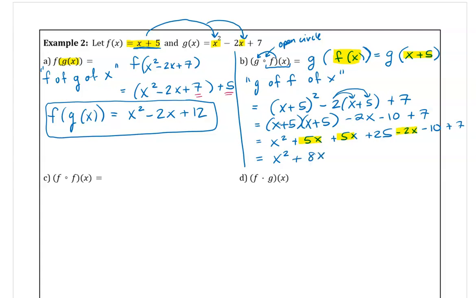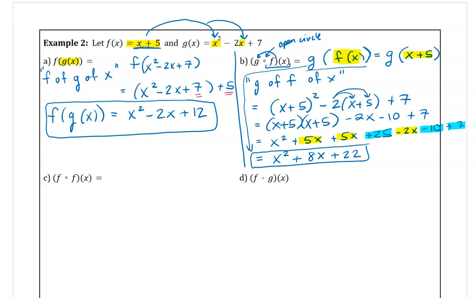And then I have 3 terms that are just whole numbers that I can add together. So 25 minus 10 is 15. 15 plus 7 would be 22. So g of f of x equals x squared plus 8x plus 22.